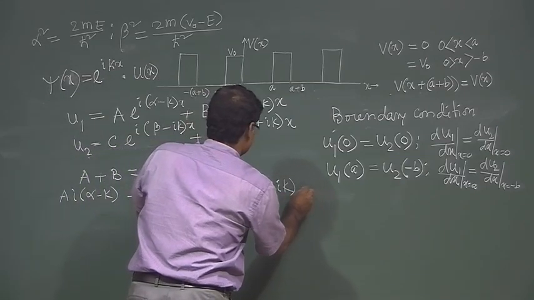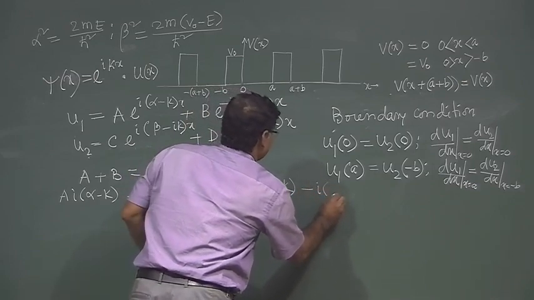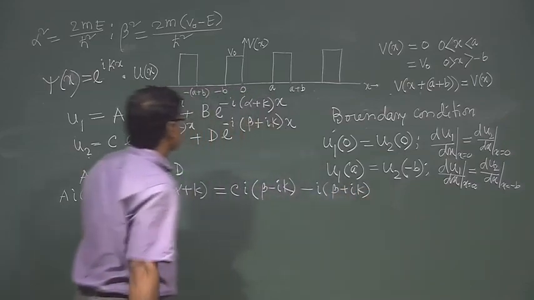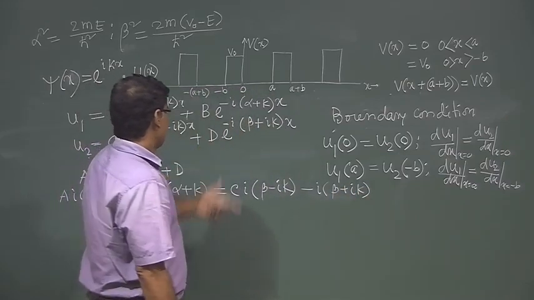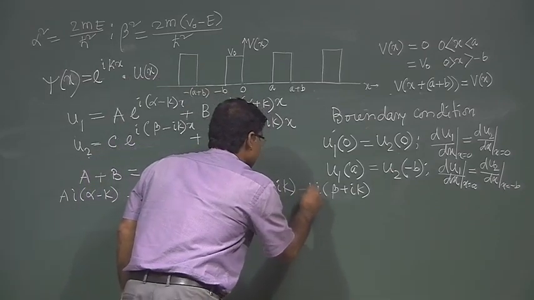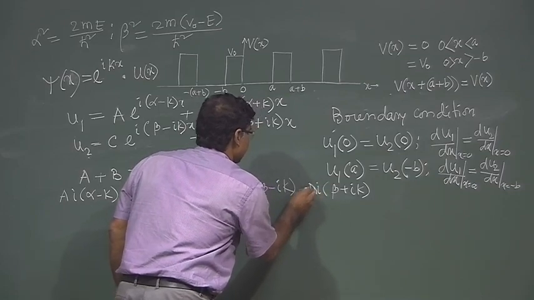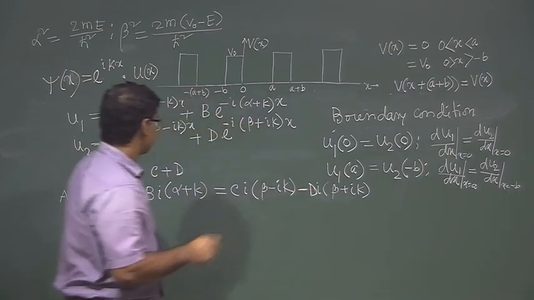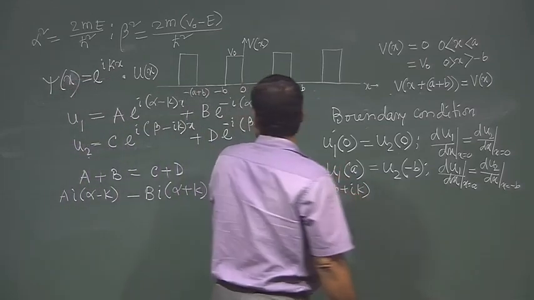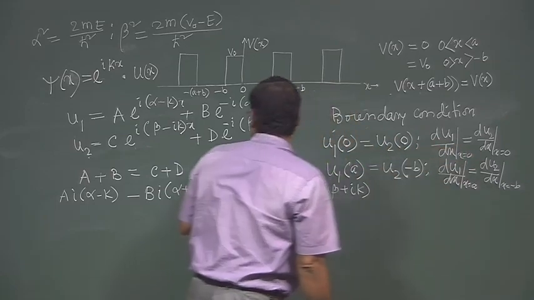So, I will get minus i(beta plus i k), and d, of course, d has to be there. So, d, and then this is minus sign, okay. That is the differentiation, after doing differentiation, putting x equal to 0.